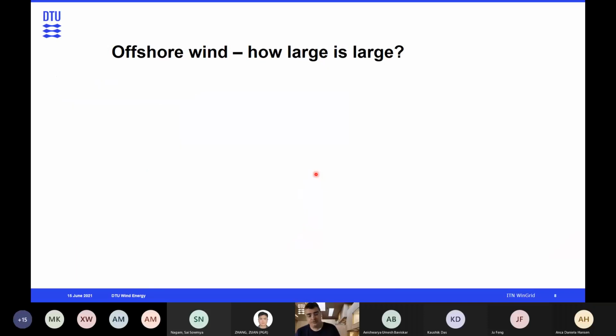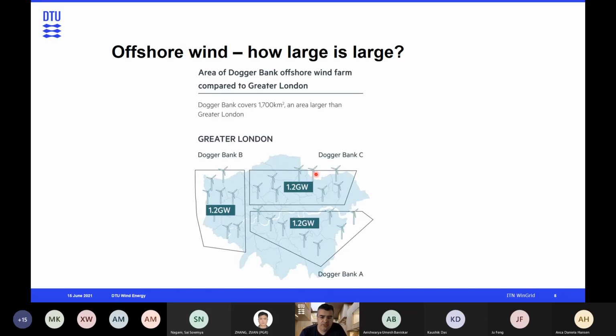But when we talk about offshore wind, we also talk about how large is large, and to get a sense of what an offshore wind project means in terms of geographical spreading, you can see here an illustration of the Dogger Bank project, which when completed will have three different wind power plants with 3.6 gigawatts installed capacity.